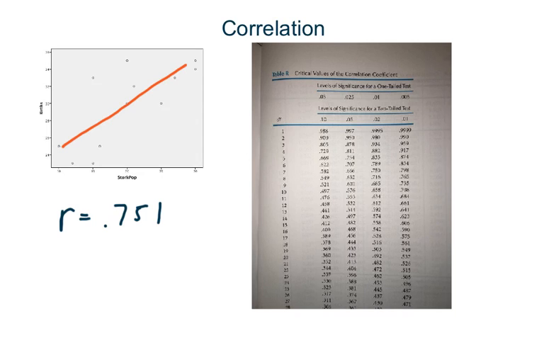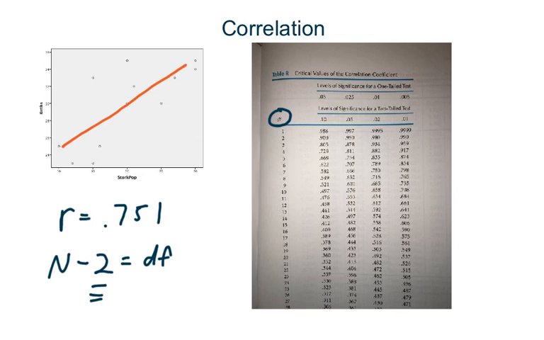What we're going to need from our data is our degrees of freedom. Degrees of freedom in correlations is equal to n minus 2. Okay, this is something different because we've always done n minus 1 before. We do n minus 2 for degrees of freedom.